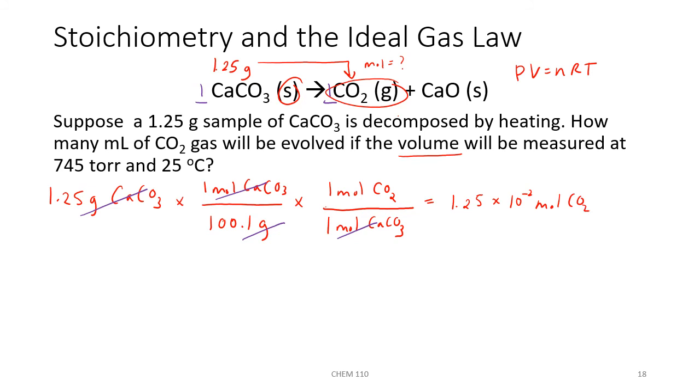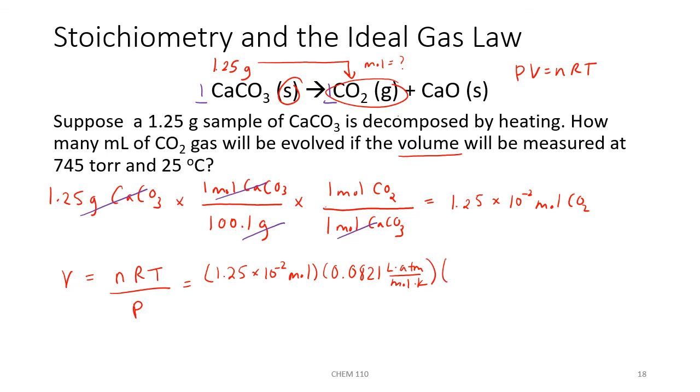Rearranging our ideal gas law, the volume will equal N times R times T divided by the pressure. We just used stoichiometry to figure out the number of moles, or N. So N is 1.25 times 10 to the negative 2 moles. R is 0.0821 liter atmospheres over mole times Kelvin.